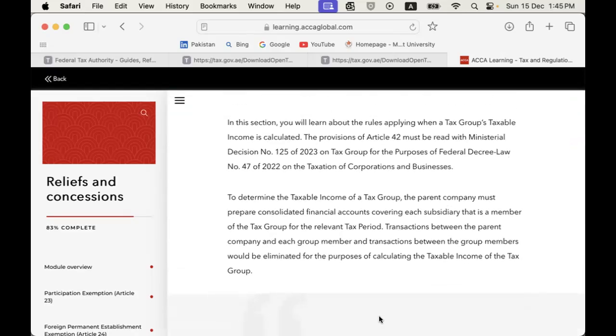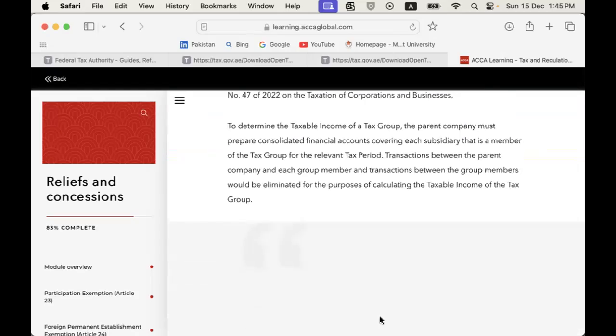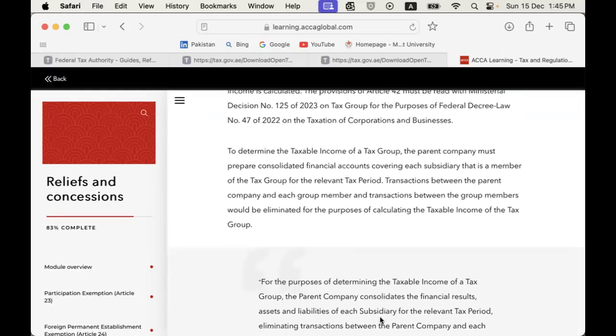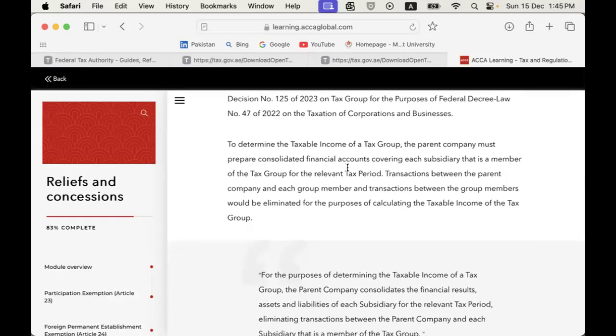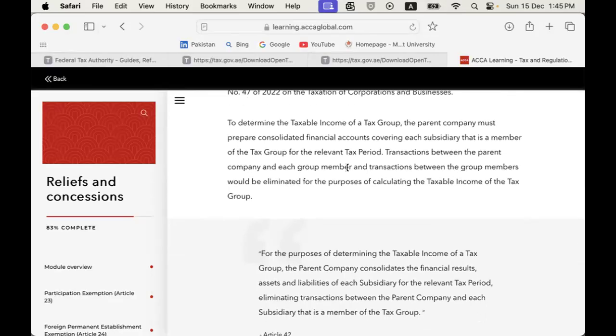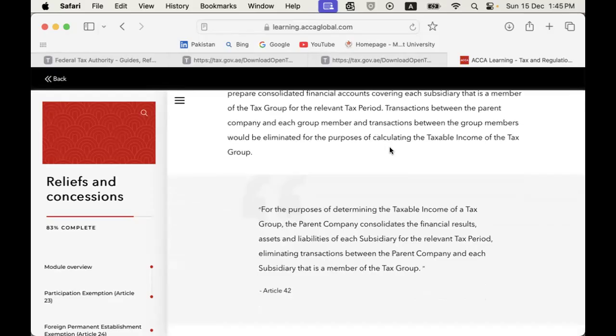Again, it is not a very complex thing: taxable income of a tax group. So there is a ministerial decision, 125 of 2023, which identifies how the taxable income is calculated. A consolidated financial statement shall be prepared covering each subsidiary that is a member of the tax group.